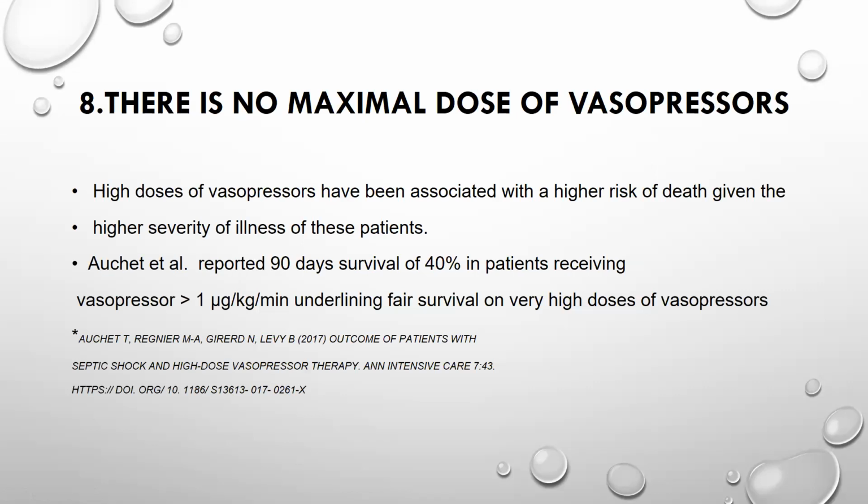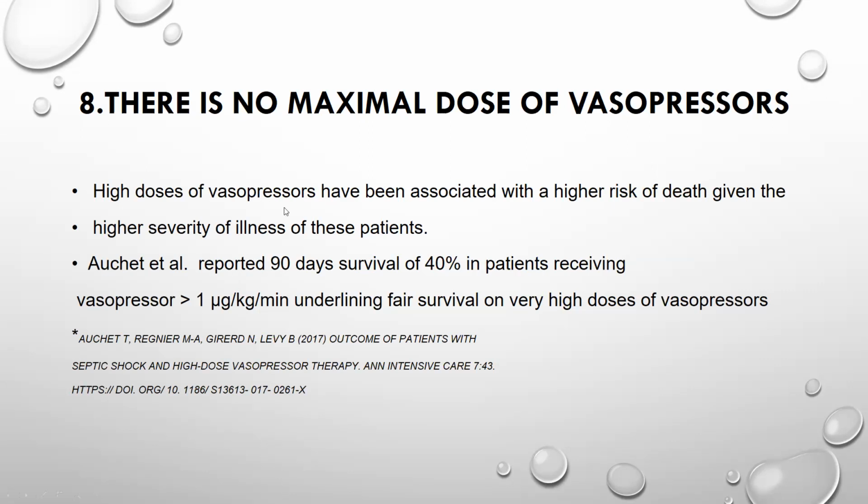Then the ninth tip: there is no maximum dose of vasopressors. Although many institutes set a target inotropic level, saying that beyond that it is unlikely the patient will benefit, so don't go beyond that level, surprisingly, the researchers show something different.